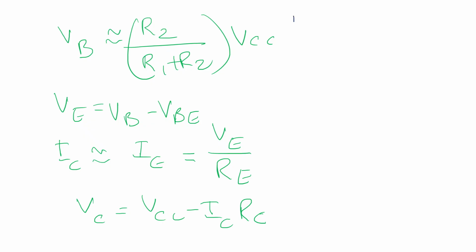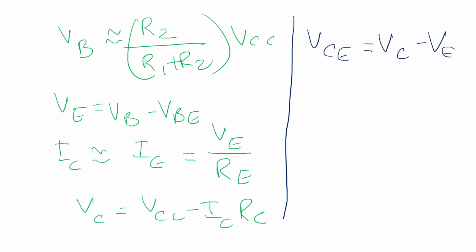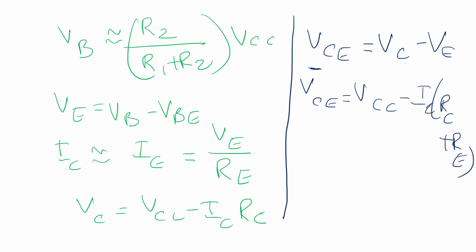Also, we have VCE is equal to VC minus VE, because the potential between these terminals is VCE, equal to VC minus VE, and therefore VCE will be equal to VCC minus IC into RC plus RE. These are the related equations with respect to voltage divider bias. The basis for this is simple Kirchhoff's voltage law.